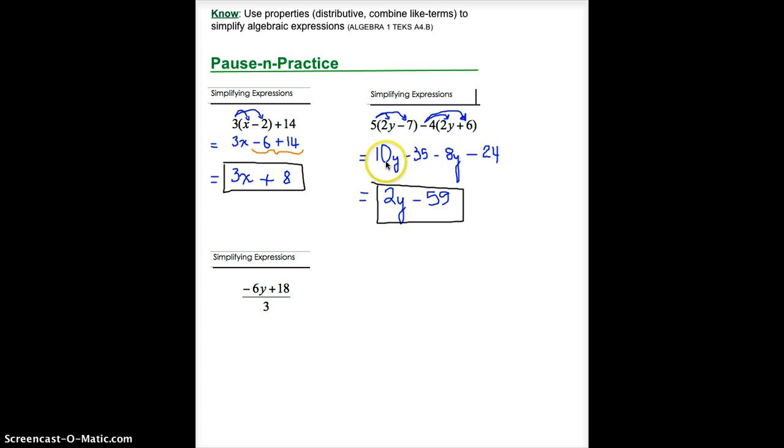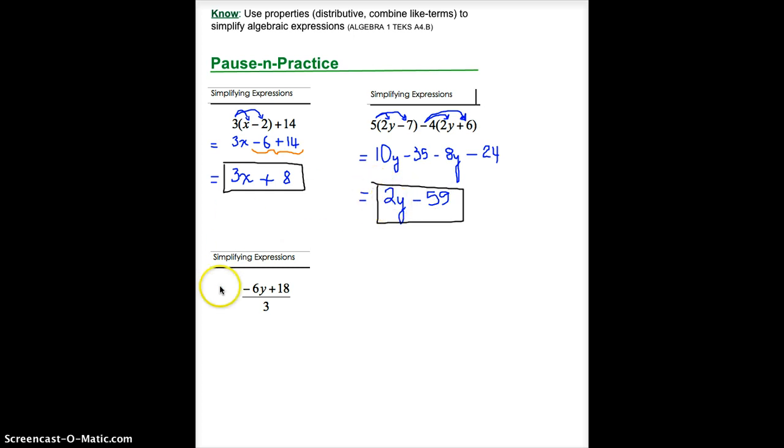Then I combine the 10y and the -8y to give me 2y, and -35 combined with -24 gives me -59. So your final answer is 2y minus 59.